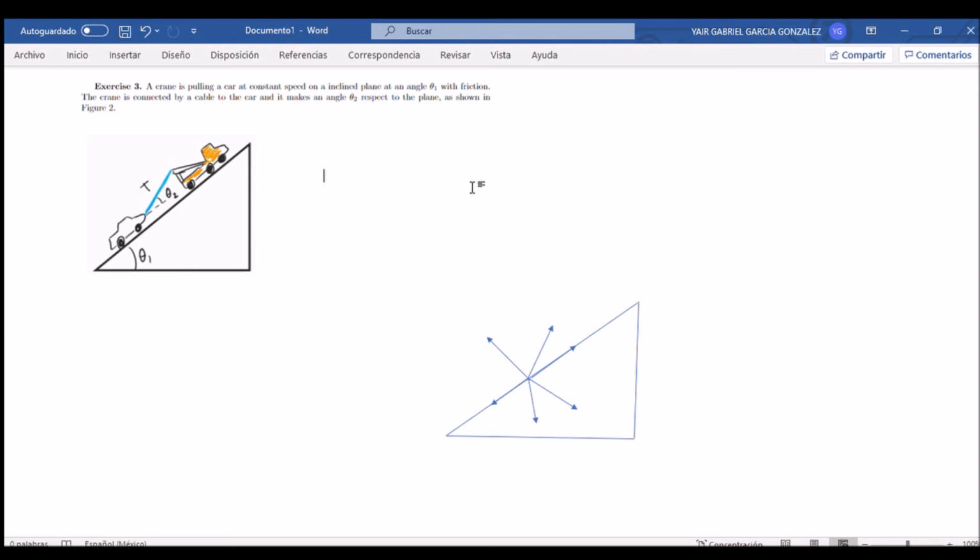Then we have this, but where is the friction? Where is the friction? Well, the friction is between the car's tire and the surface. So I draw the friction in this part.